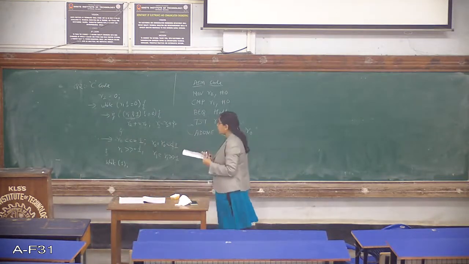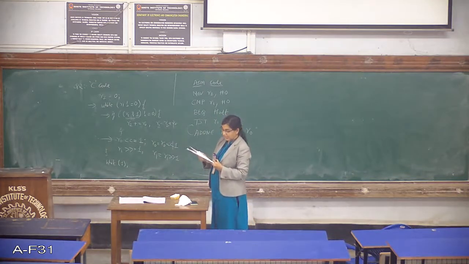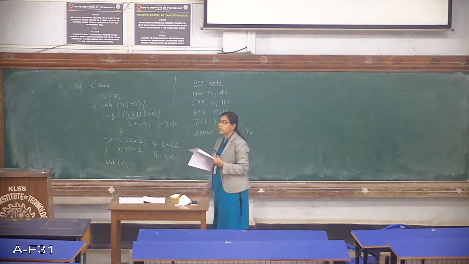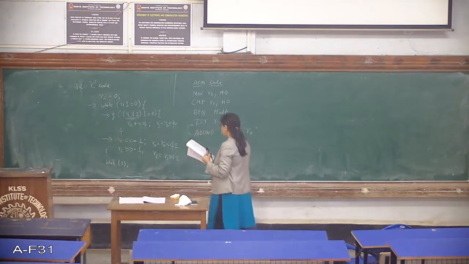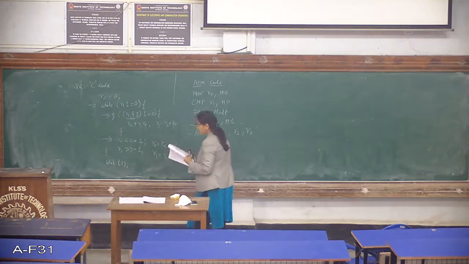Now when we talk about left shift and right shift, we are going to use the logical shift operator, that is LSL, for left shift, and for right shift, normally we go with the arithmetic shift operator. So let us go with the two instructions here. What will you be writing here?